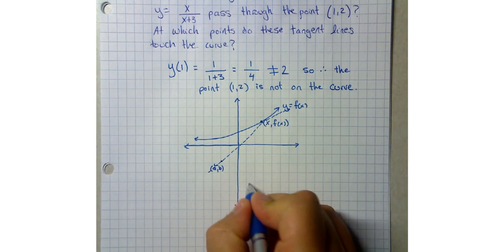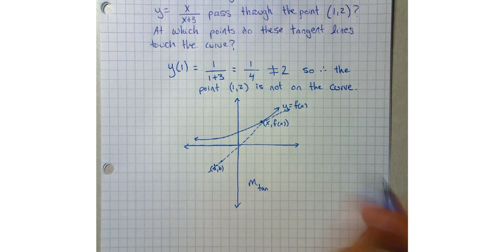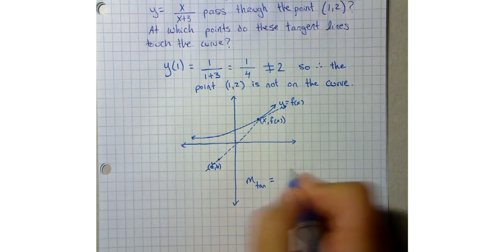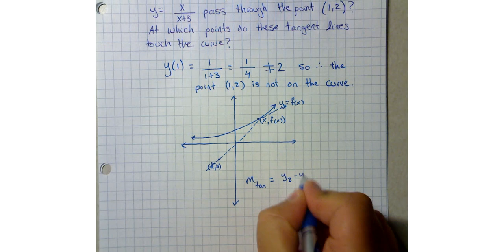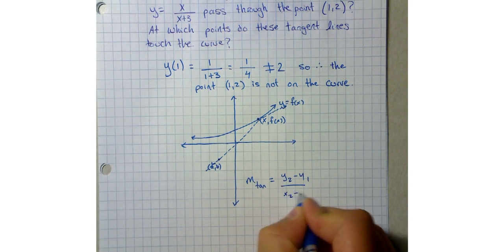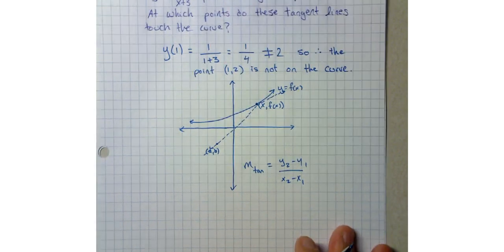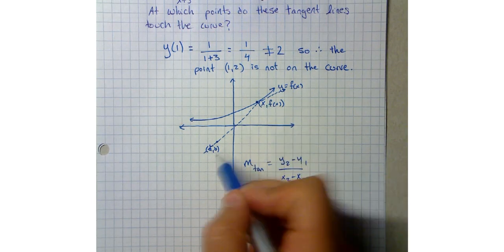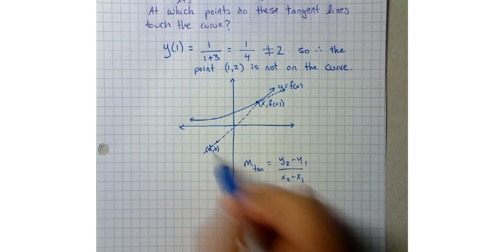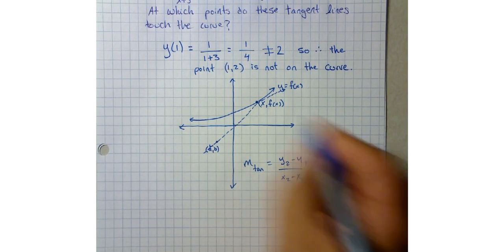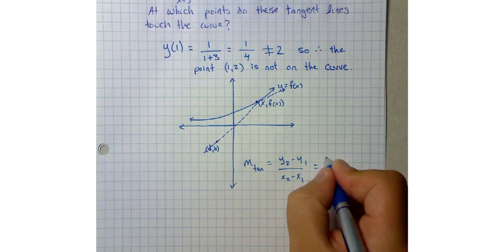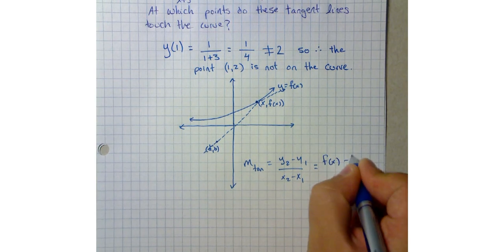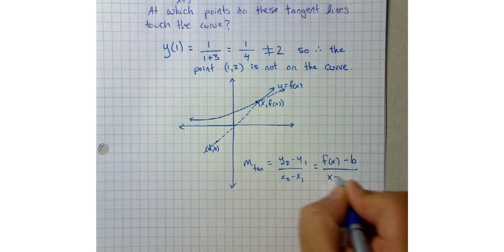What's the equation from algebra that gives us that? It's the slope of the tangent line, which is equal to y2 minus y1 over x2 minus x1. In our case, we want to find every point on the graph f of x that passes through the point a, b. So y2 is f of x minus b over x minus a.